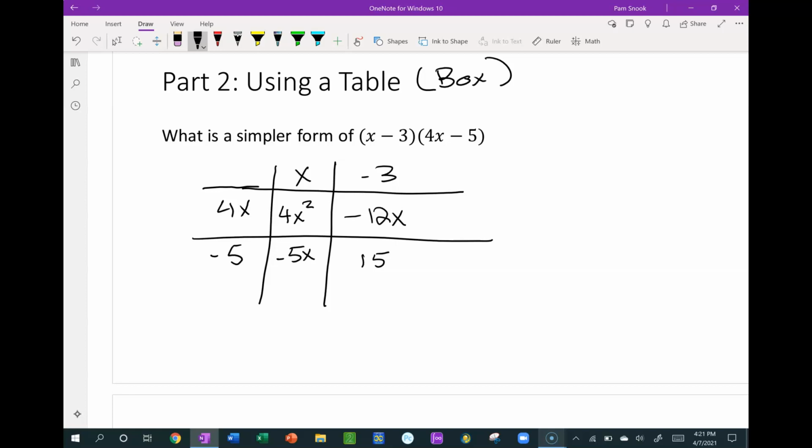So my first term is 4x squared. Notice on the diagonal here, that's where I have my like terms. So I'm just going to go ahead and combine them now. I have a negative 5x minus 12x is negative 17x. And then the last thing I have is the 15. And this is done.